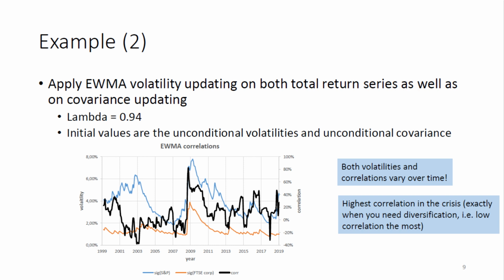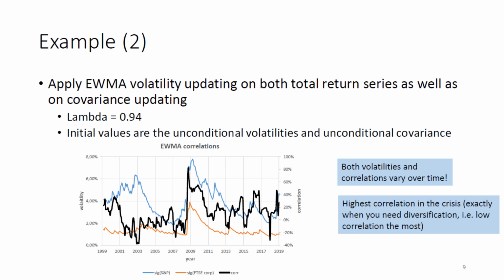So we also have done this for the covariance between the two at each moment in time, which I've not plotted in this figure. Instead, what I've plotted is the black line, which is the covariance at each moment in time, divided by the volatilities of both series at each moment in time.